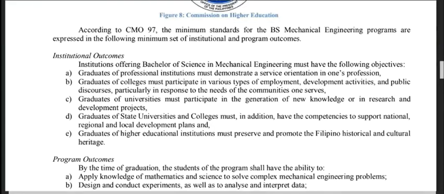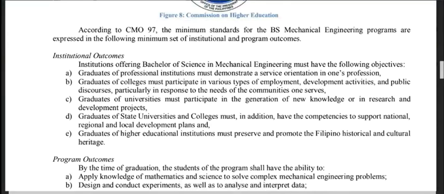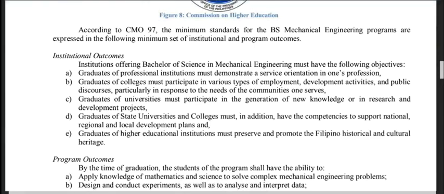Number four, graduates of state universities and colleges must, in addition, have the competencies to support national, regional, and local development plans. And last but not the least, graduates of higher educational institutions must preserve and promote the Filipino historical and cultural heritage. So those five are the institutional outcomes based on our CMO 97.